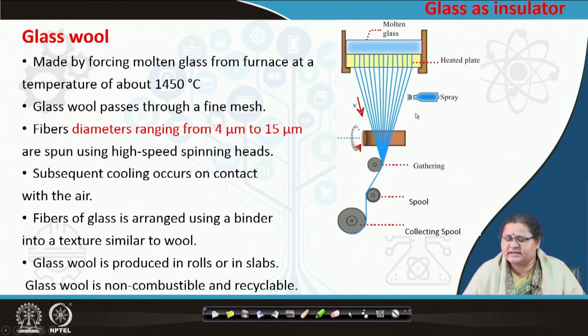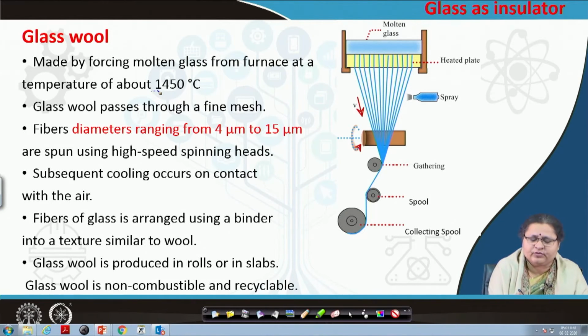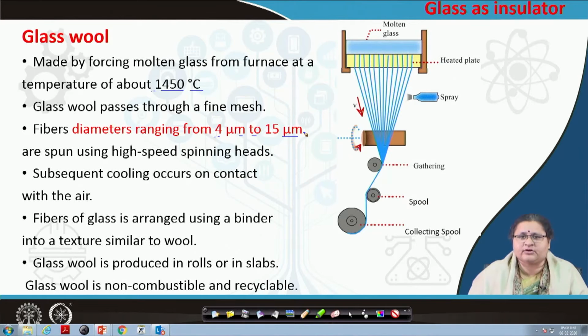Here you can see a nozzle which is spraying air at a very high speed. Take note of the temperature, it is 1450 degrees centigrade coming out from the furnace, and this is a kind of mesh through which these thin strands are coming out, which are of the order of 4 micrometer to 15 micrometer.